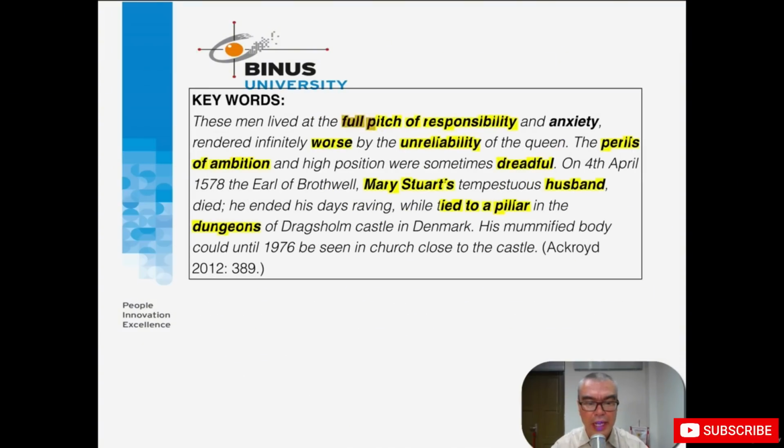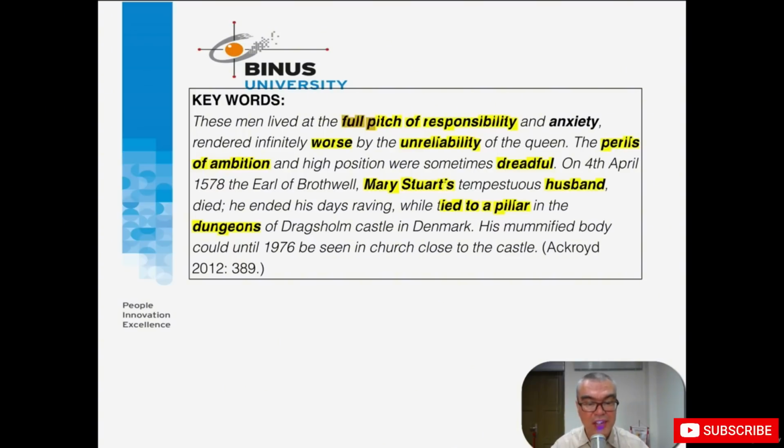Okay, so here are the key words highlighted and underlined from this passage, and you can see we've got things like full pitch of responsibility, anxiety, worse, unreliability, perils of ambition, dreadful, Mary Stuart's husband, tied to a pillar, the dungeons.